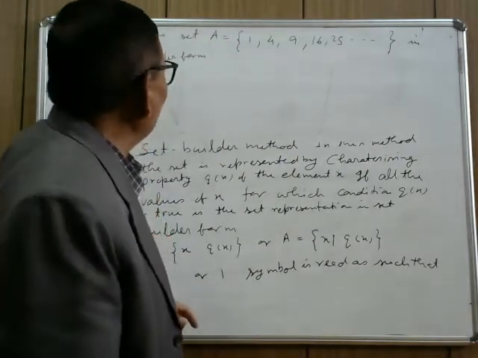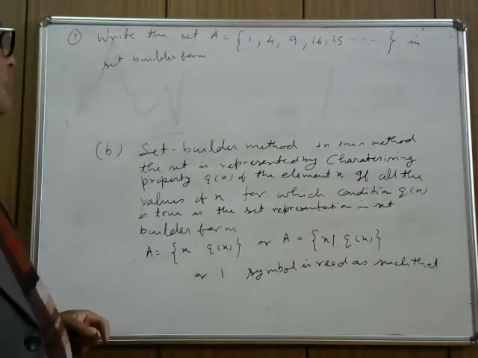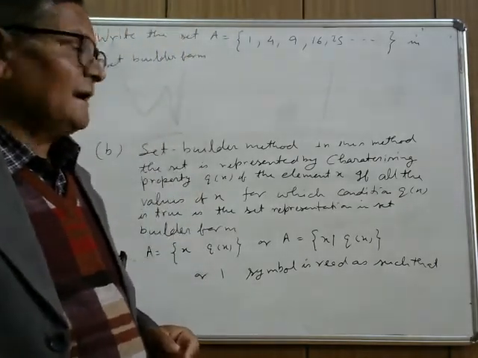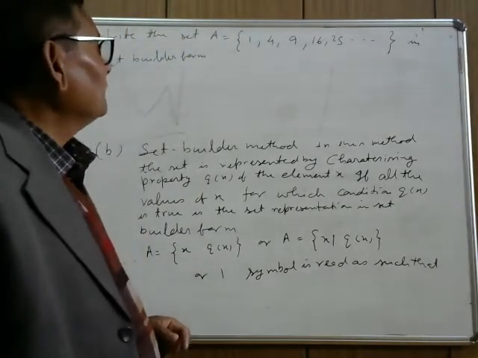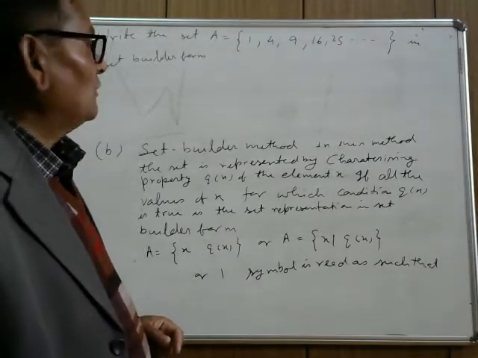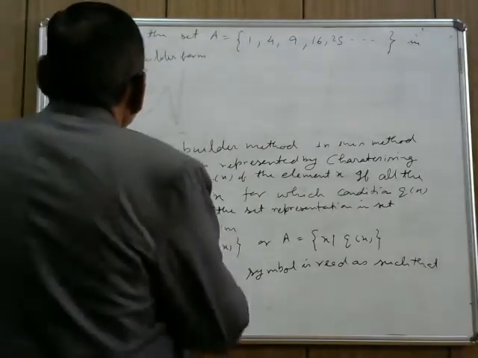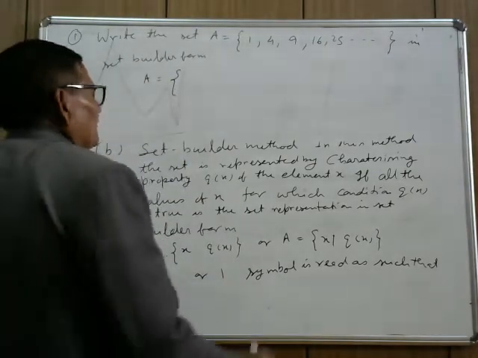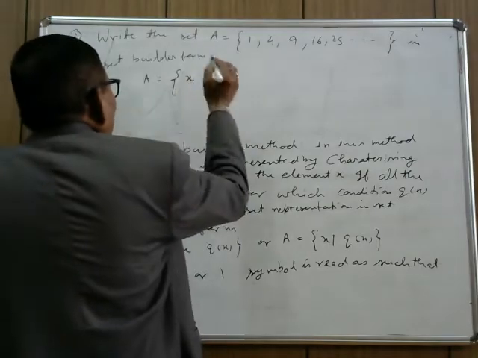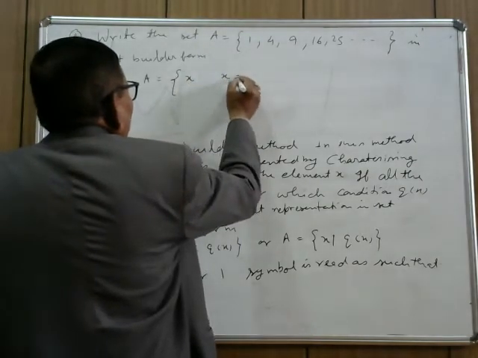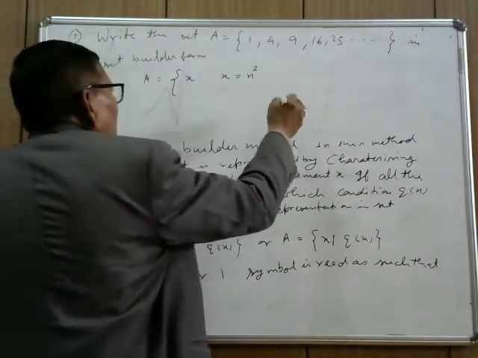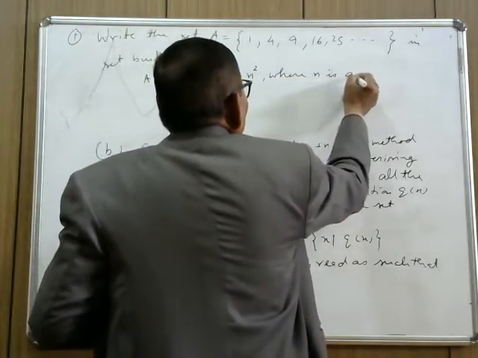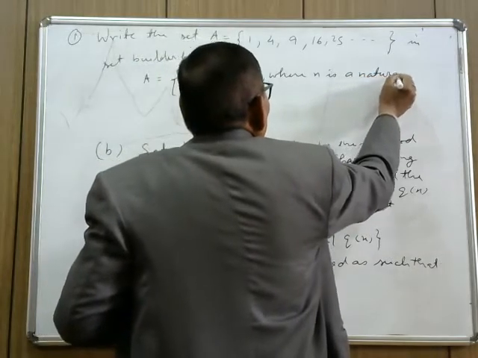You quote this property of the set: the elements of this set are the squares of the natural numbers. So you can define your set builder form as A is defined as all x such that x is equal to n squared, where n is a natural number.